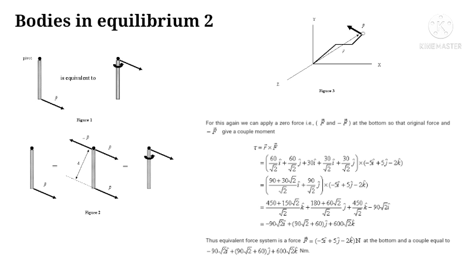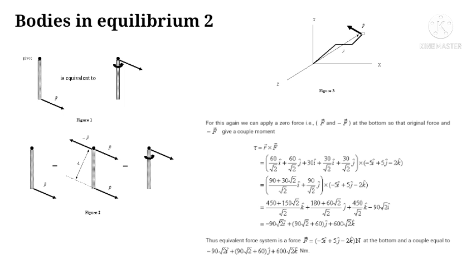Then tau equals r cross F, where r is 60 by root 2 i plus 60 by root 2 j plus 30 i plus 30 by root 2 i plus 30 by root 2 j, crossed with minus 5i plus 5j minus 2k.